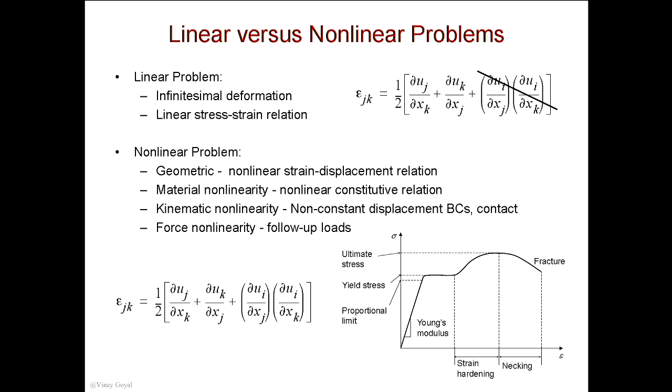Another thing is if you're just looking at linear stress-strain relationships. Here's a stress-strain curve of a metal, and if I'm only in this regime, then it makes sense to just do a linear analysis. It's a simpler analysis, right?